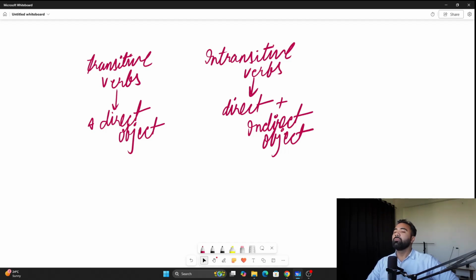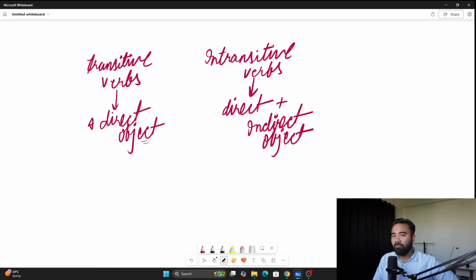For example, if I say that he is reading the newspaper, so obviously reading becomes a verb. He becomes the subject because he is the one who is performing the action of reading, and the action of reading is being performed on what? That is the newspaper. So that is what we call object.